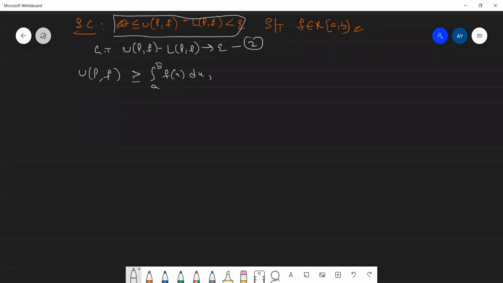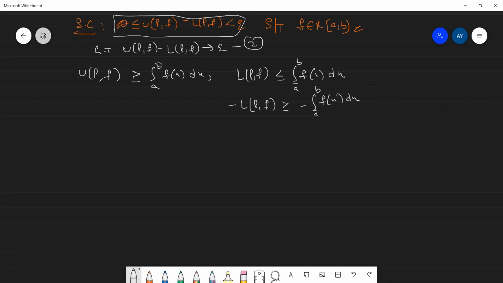This also we know. LPF is less than or equal to the lower integral from a to b of f(x) dx. Now for LPF, just put minus on both sides: minus LPF is greater than or equal to minus the lower integral from a to b of f(x) dx.